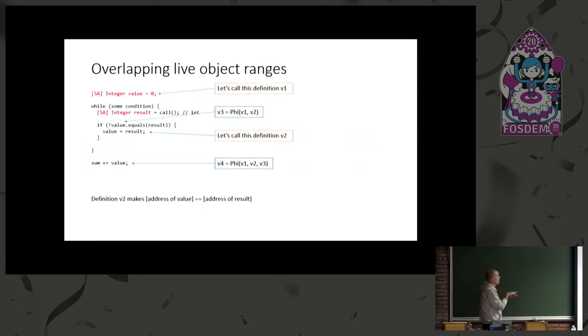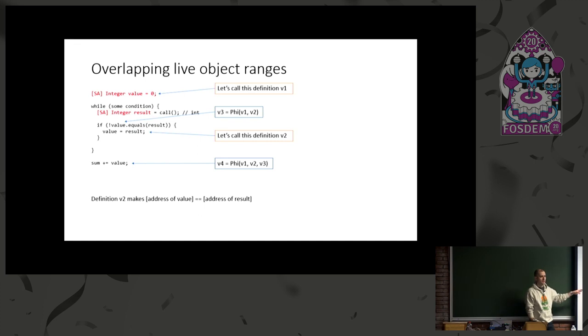Now, overlapping live ranges was kind of a subtle gotcha. To be honest, I kind of knew this, but I forgot about it. I used to work at IBM on the Testarossa OpenJ9 compiler, and we used to do this, but I had to relearn it from scratch.